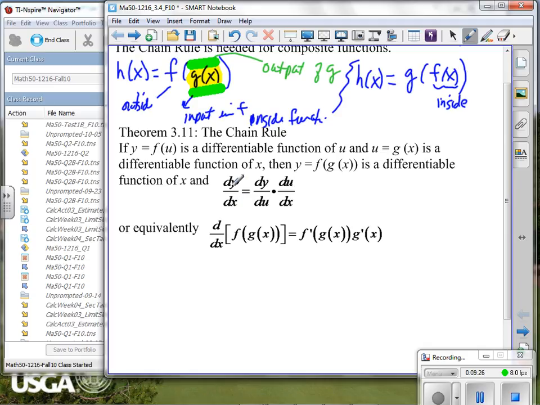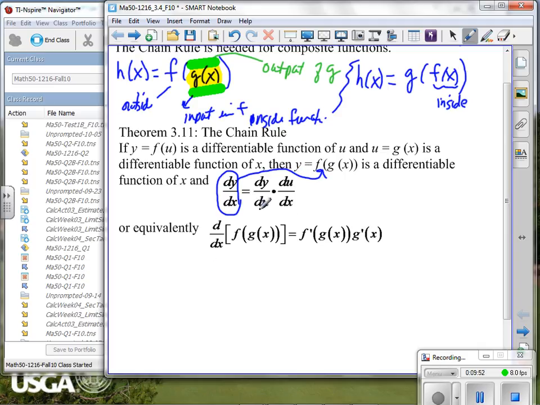So if I have dy dx, then I am actually taking the derivative of this. Well, what's the input here? Yeah, x is the input of g of x, and then g of x is the input of f, and it's in terms of x. So yeah, dy dx would be the same thing as looking at the derivative here.